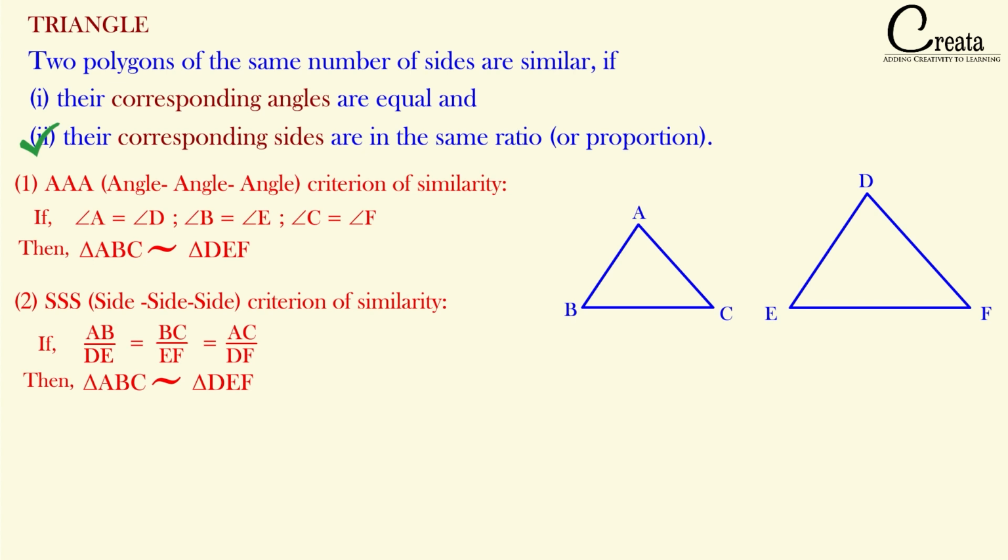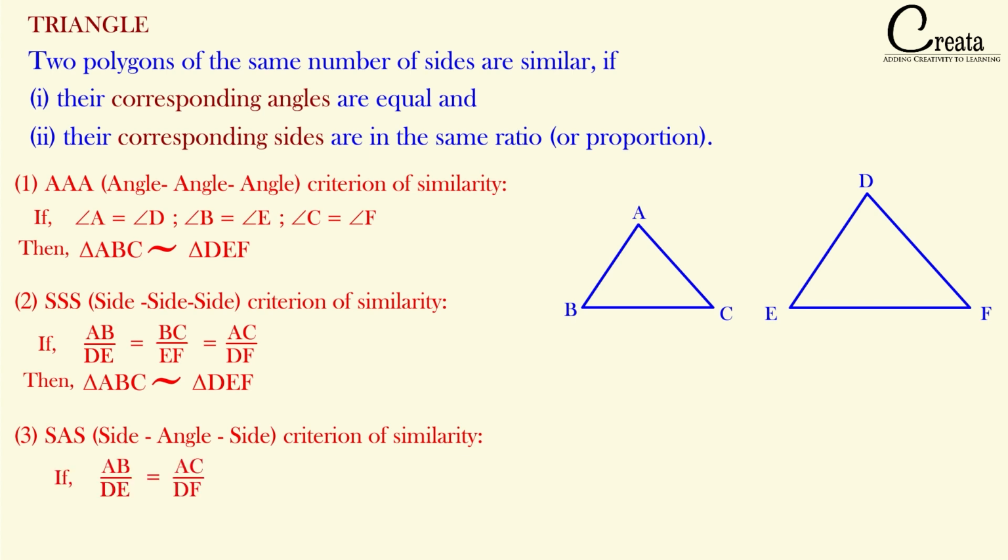This is important. The third is side, angle, side, that is the SAS criteria. As per this criteria, if in the two triangles the ratio of two sets of corresponding sides are equal and the angle in between the two given corresponding sides is also equal, then we can say the two triangles are similar to each other by the SAS criteria.